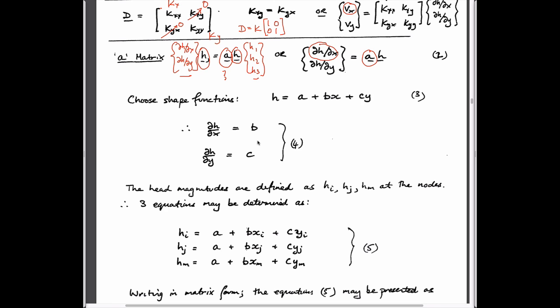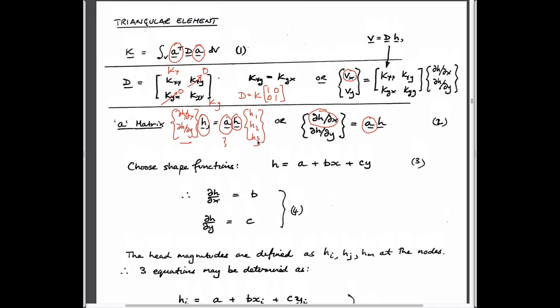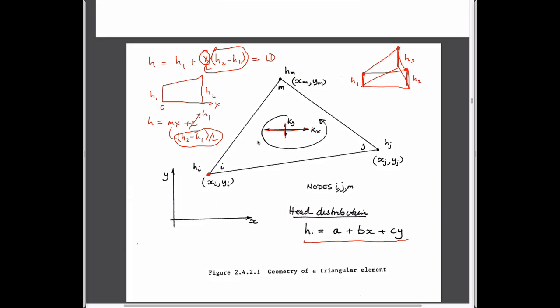So the easiest way to do that is to go back to this idea and say, if we knew what these heads were at these points, then we could write the equation for the plane at this particular point here, and we know what the head is.